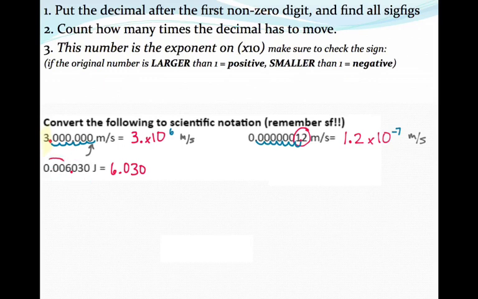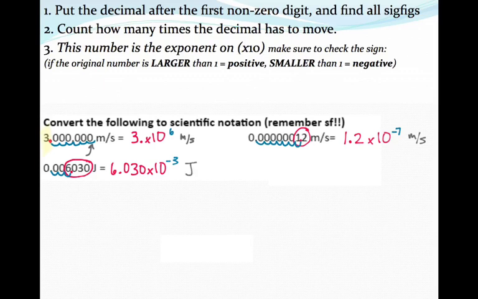These leading zeros are not significant though, so I'm just going to keep the 6030 as our base. Do times 10, and then figuring out what my exponent is, 1, 2, 3. And this was smaller than 1, so that should be a negative 3. And then units along for the ride.